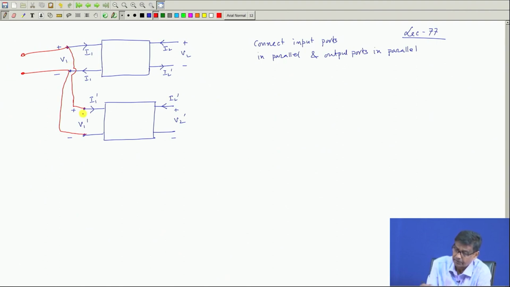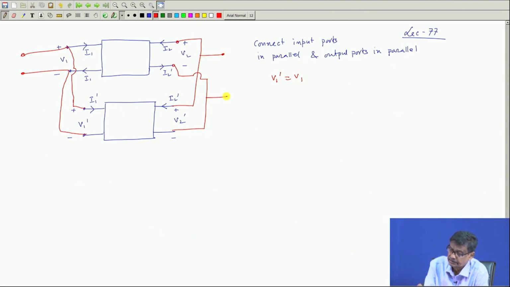If I connect it in parallel, V1 dashed must be equal to V1, nothing doing. Similarly, the output ports I will connect in parallel, that is this plus with plus and this minus with minus, and these are the overall output terminals, this is the input terminals.